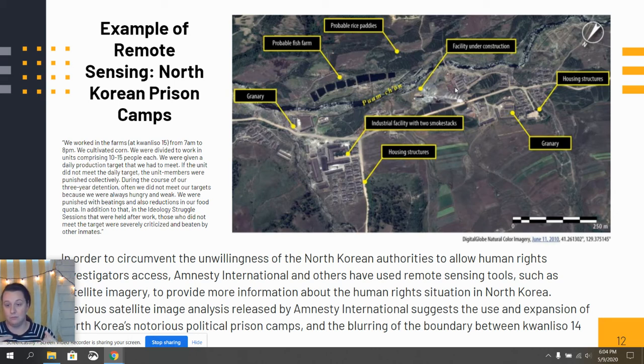We make a lot of our public policy based off of how other countries treat their citizens, if they uphold standards of democracy. So this is important for us and our government to know. This is important for organizations like Amnesty International that are doing outreach to try to help people experiencing human rights abuses, right? There's so much that can be done here.